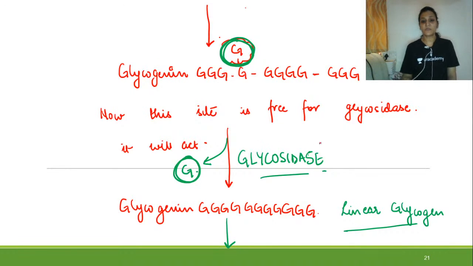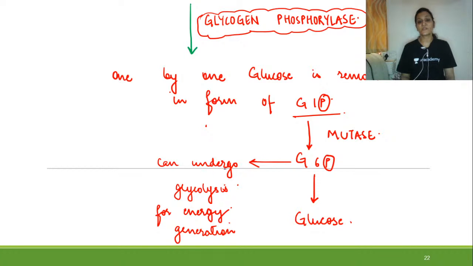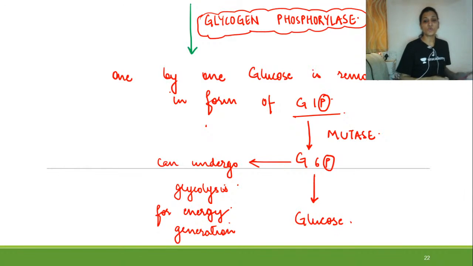Then the glucosidase activity removes the branched glucose at the branch point. Then glycogen phosphorylase acts again and shortens the chain one by one by producing glucose 1-phosphate, which can be converted into glucose 6-phosphate and then into glucose, or be used for the generation of energy as well.